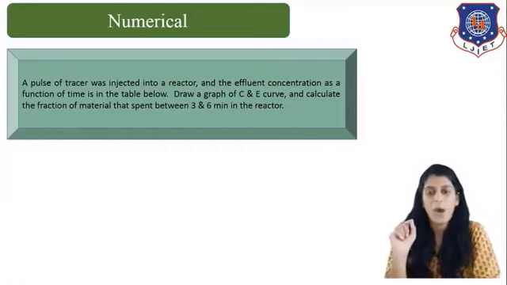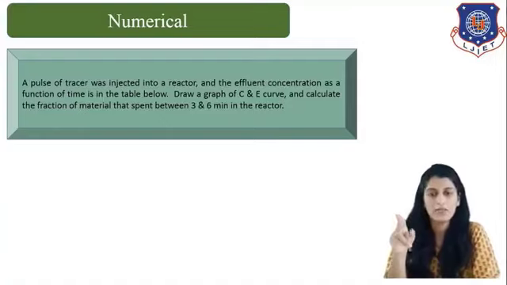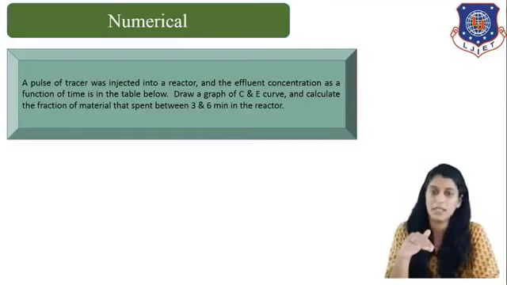We have been provided with a reactor in which there is a pulse input of tracer, and we need to draw the C curve and E curve, and also calculate how much material will come out between 3 minutes and 6 minutes.